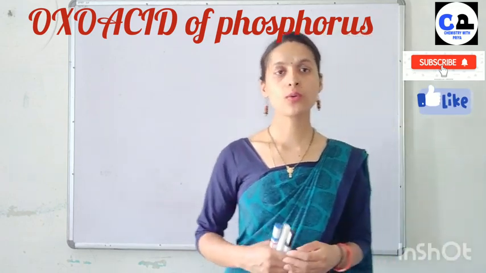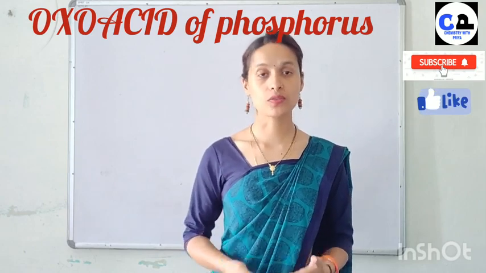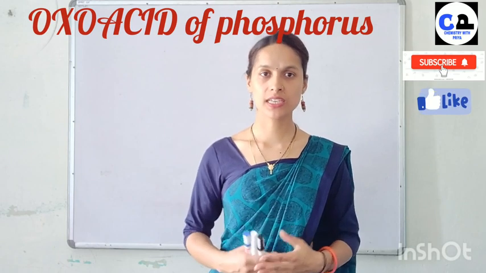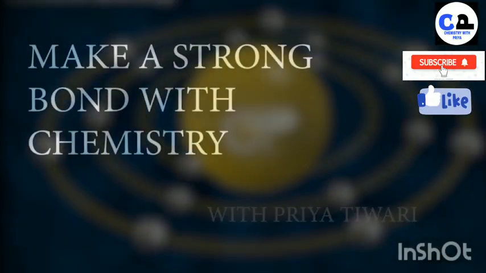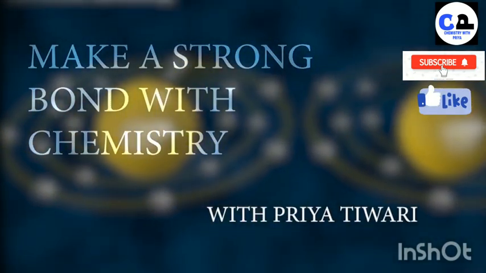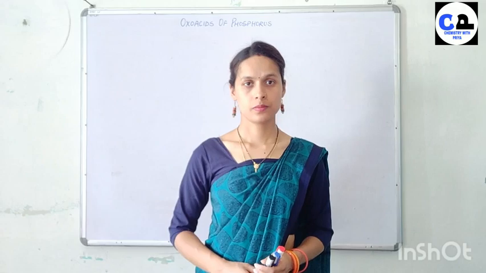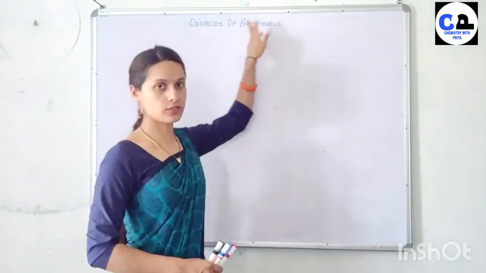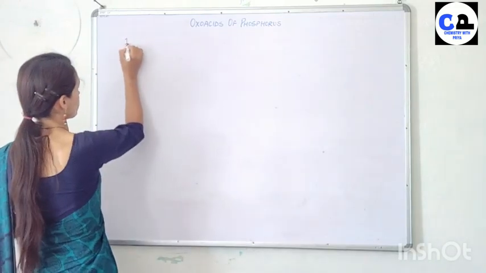So in this video we will study the preparation and the structures of the oxoacids of phosphorus. So without any delay, let's get started. Today our topic is oxoacids of phosphorus.